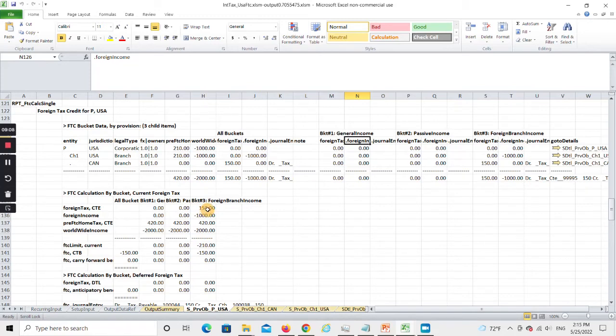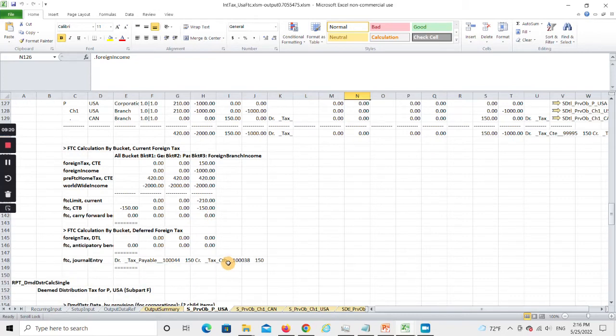So the whole amount, 150, is currently creditable, which means there's nothing to carry back or carry forward. And the engine, in addition to determining the current benefit, also tries to determine the deferred tax benefit from the foreign tax credit.